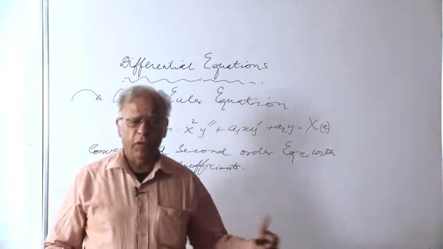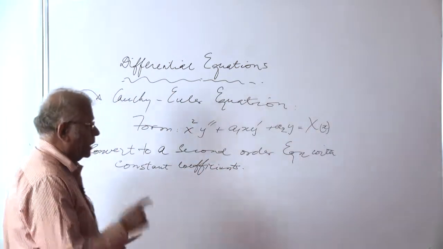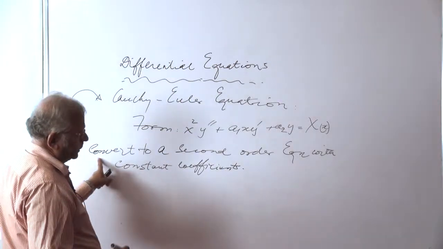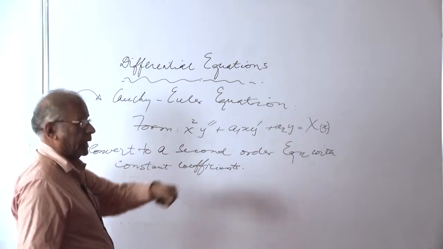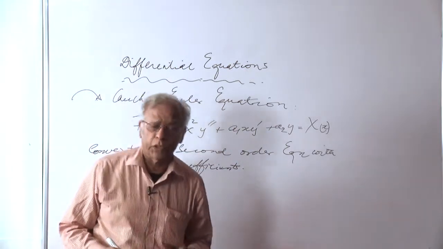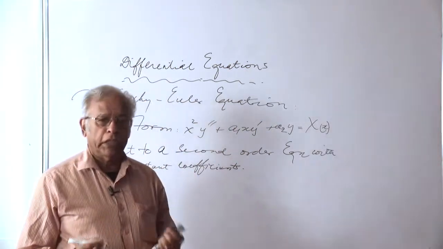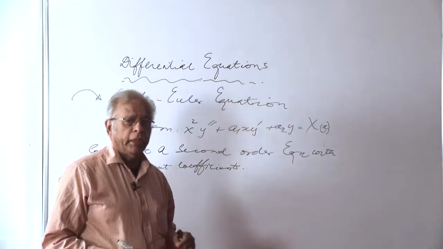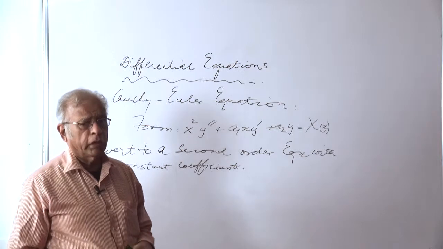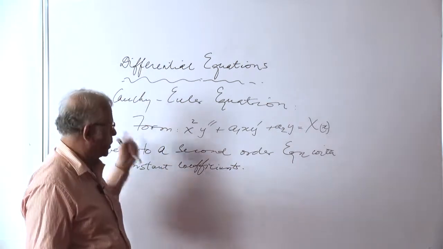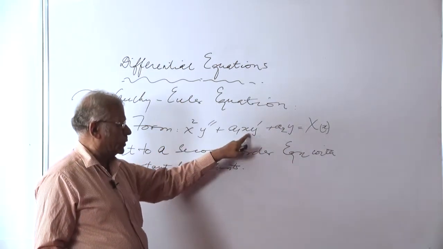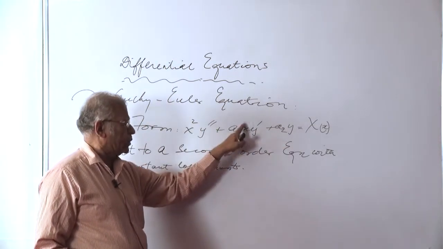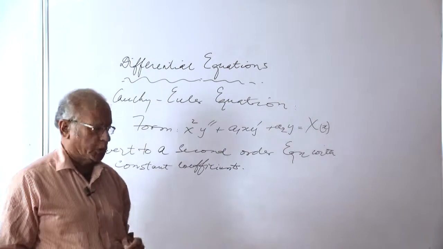This is the most general form, but the target is how a simple substitution can convert this equation to a second order equation with constant coefficients, which is easier to handle. So we will see the substitution and how to convert the given equation, which has variable coefficients, functions of x.